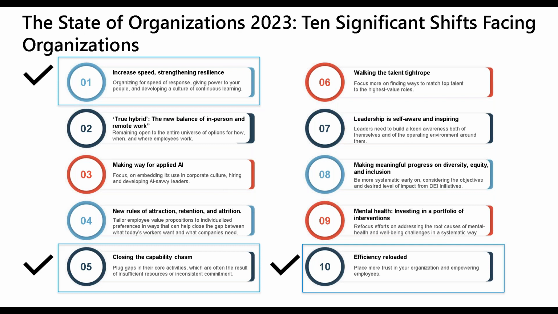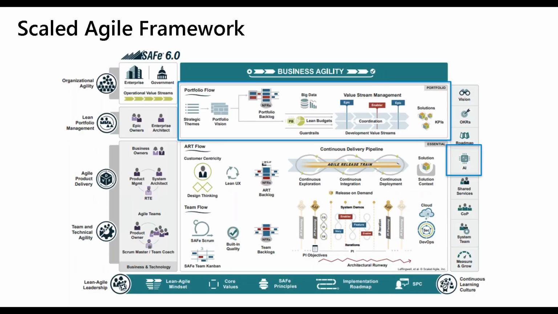So it's about placing more trust in the organization and empowering employees to deliver more. Again, those are all principles that are part of an agile transformation, and here they're being confirmed by the survey by McKinsey.